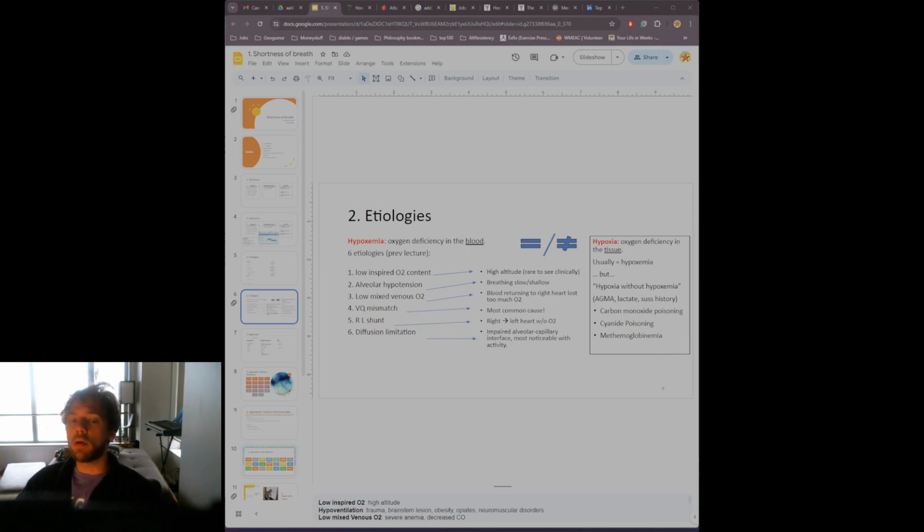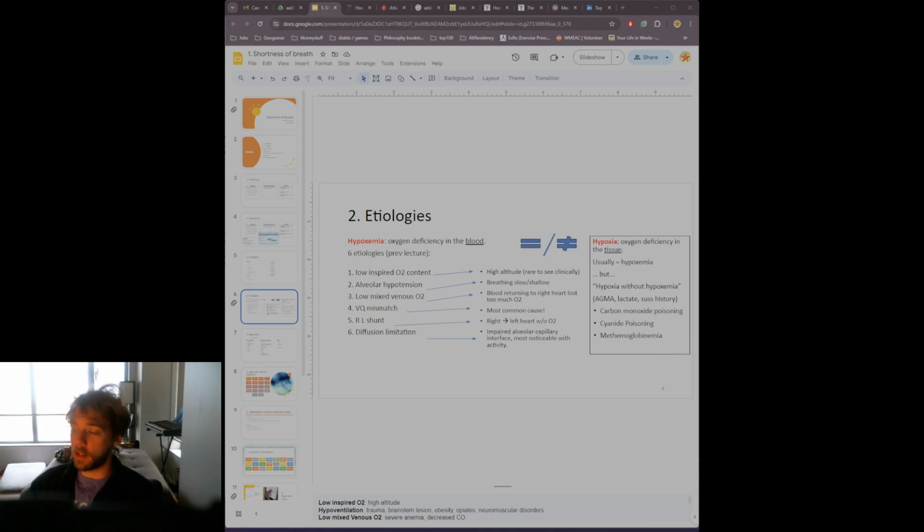More blood will be going by than is getting oxygenated. So that's why you'll see that in a COPD exacerbation, where the oxygen going into the lungs is not enough for the amount of blood flow going by, and deoxygenated blood goes by, and they're having clinically significant hypoxemia from that.